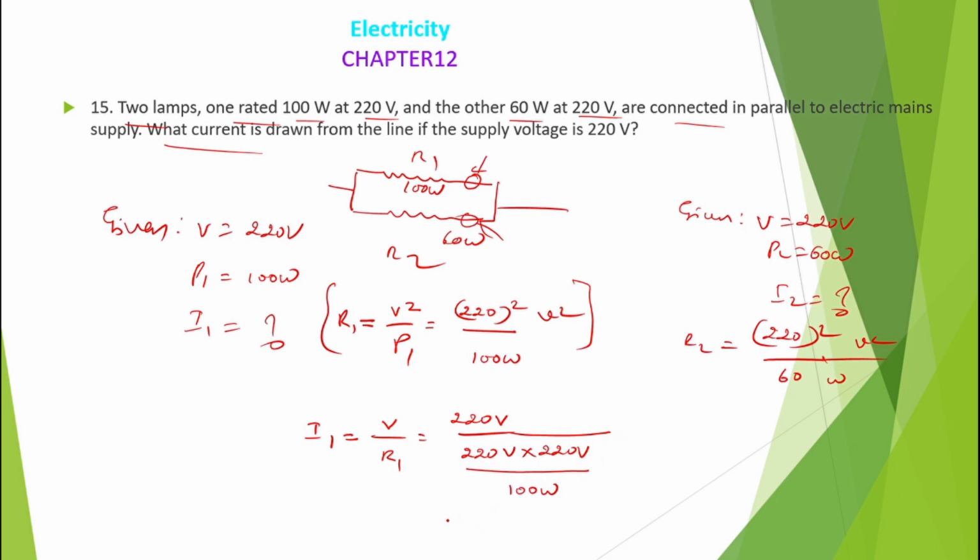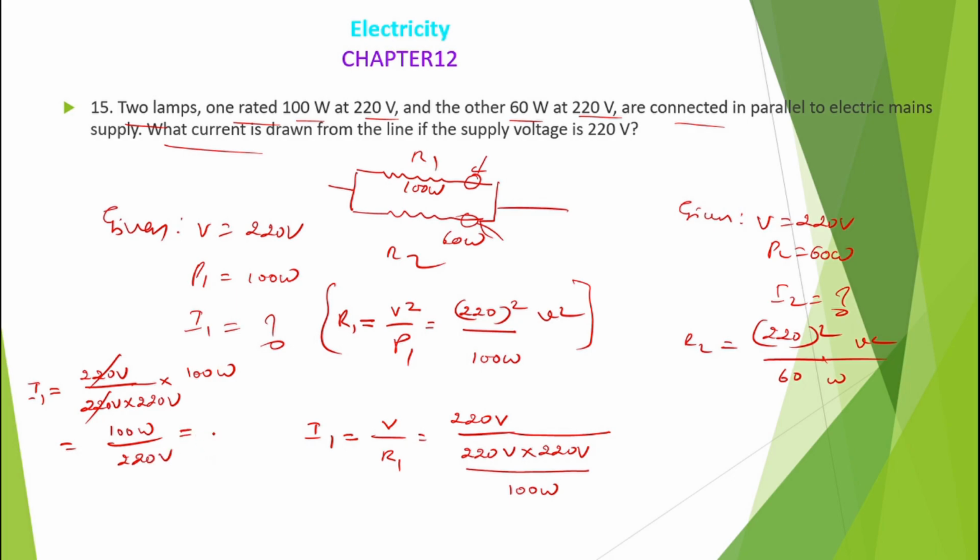If you simplify this, you will get I1 is equal to 220 volt divided by 220 volt into 220 volt, and the 100 watt goes to the top. So the 220 volt cancels and we will get 100 watt divided by 220 volt.